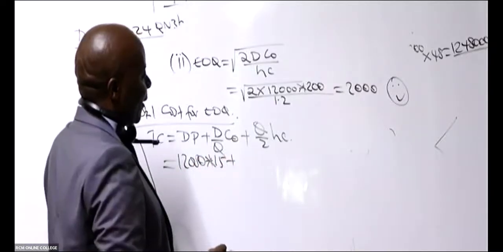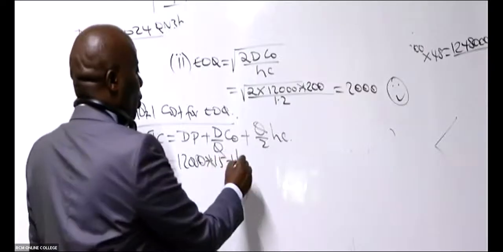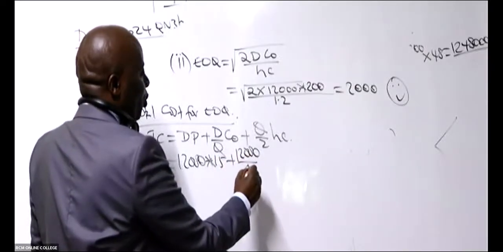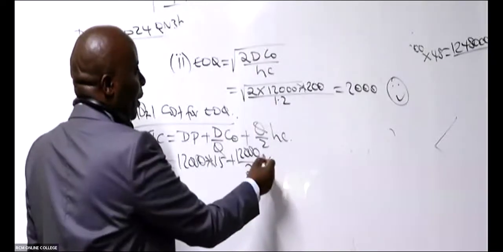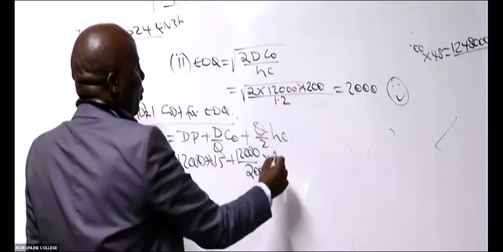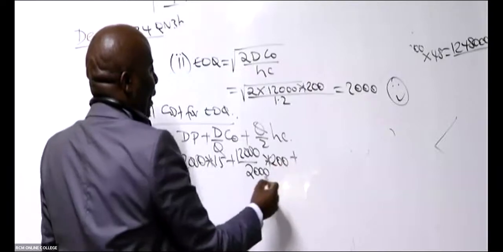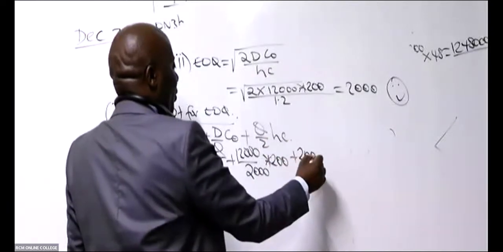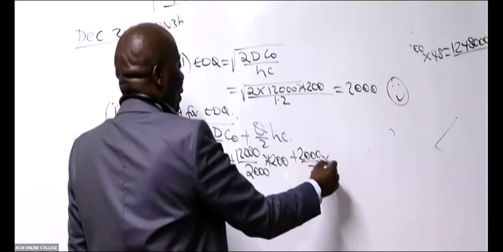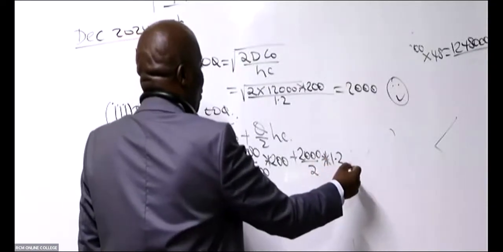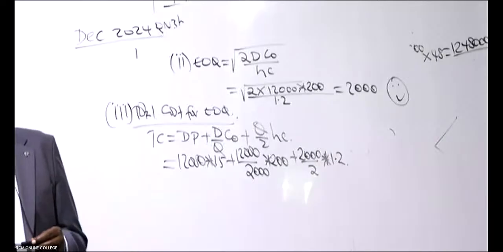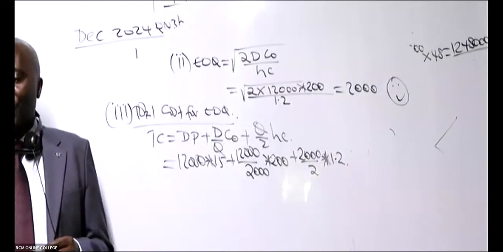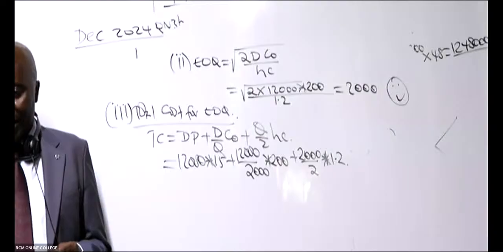Plus D over Q: 12,000 divided by Q, which you got as 2,000, times Co, which is 200, plus Q over 2, the EOQ, times the holding cost of 1.2. Then at the end we shall get something.